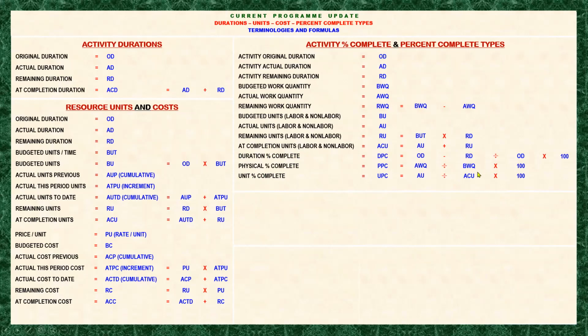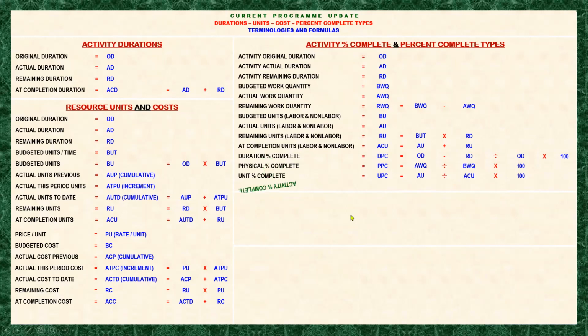It is different from dividing by the budgeted units. We will take that up later on. But now I am speaking of actual cumulative units divided by the at completion units, then multiplied by 100 to arrive at the percentage.